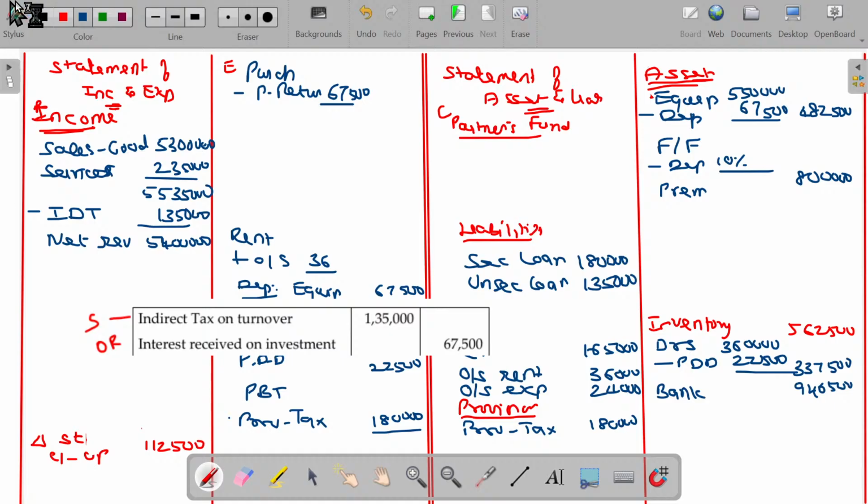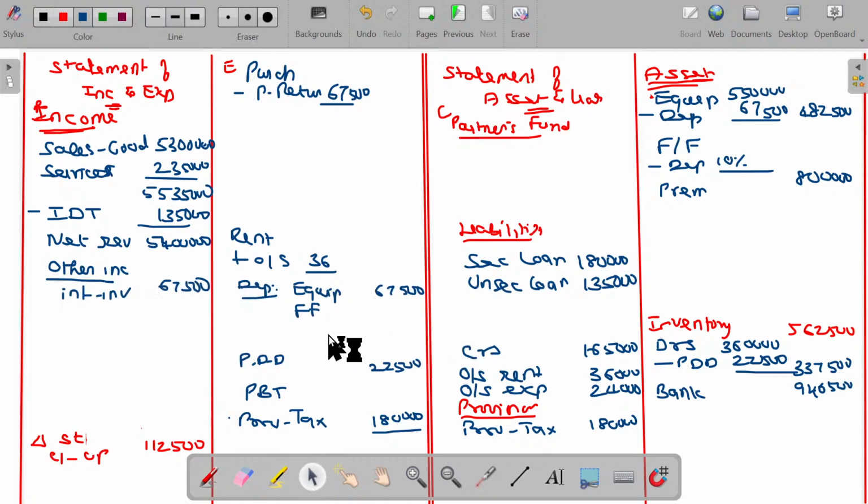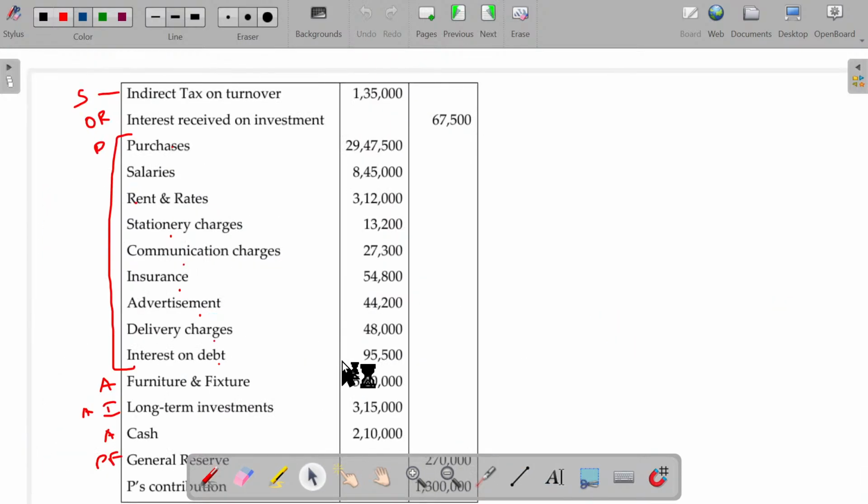And interest received on investment, other income. In other income, you have interest on investment. This value being 67,500. Hope now you'll be able to understand this one. Apart from that, now we have a set of expenses.